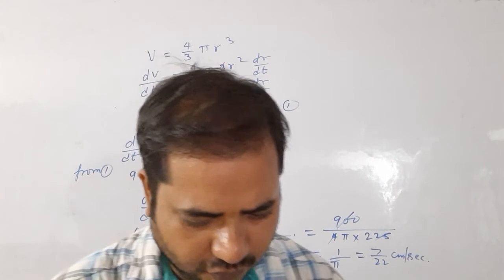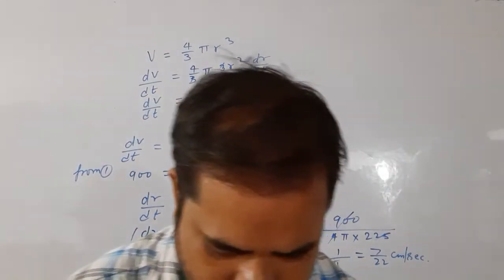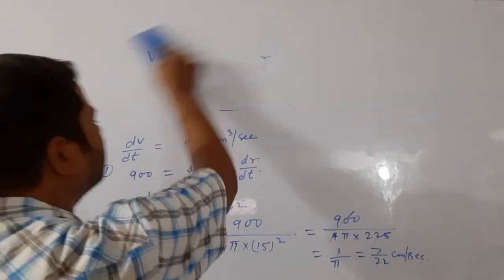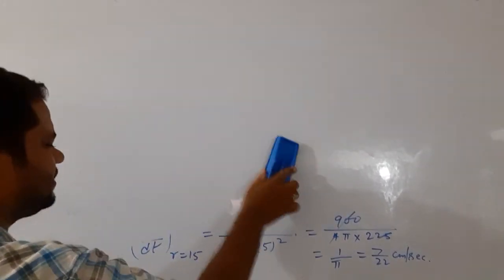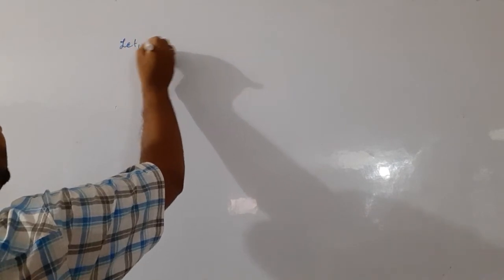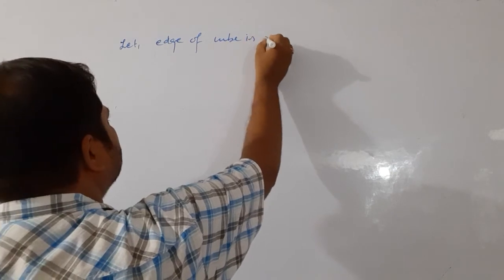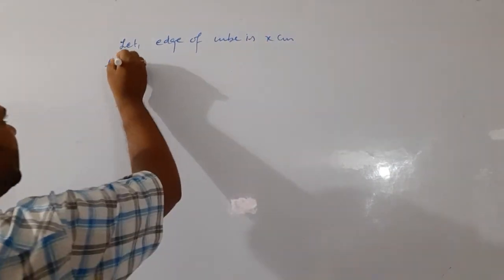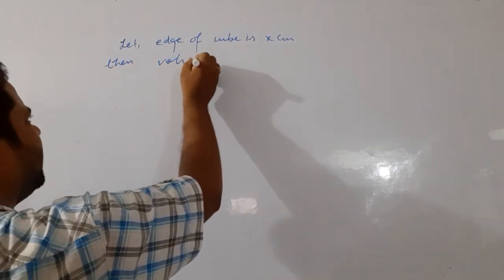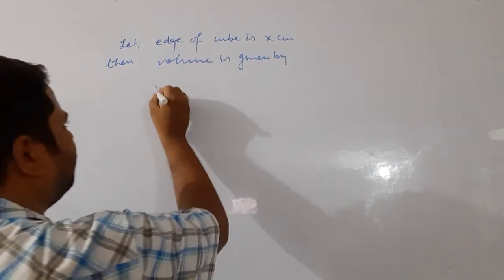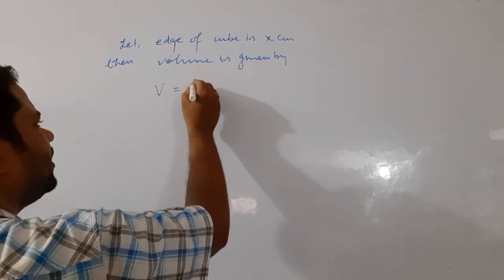So see, the volume of a cube is increasing at the rate of 9 cubic centimeter per second. Let the edge of the cube be x centimeter, then the volume is given by V is equal to x cube.